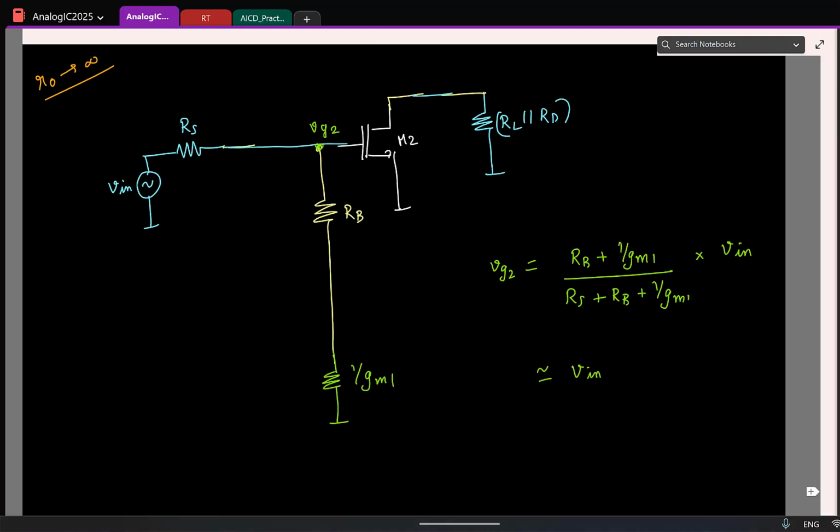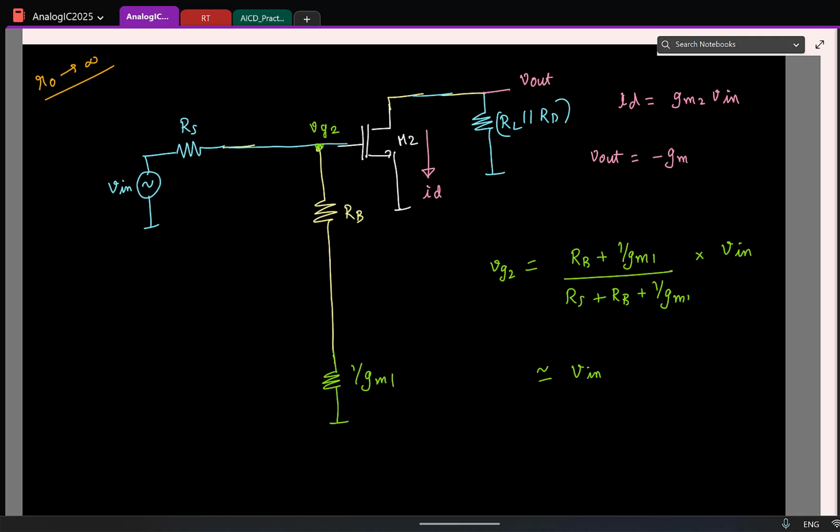Is it okay? So then we can finish. What is the small signal current now? ID is GM2 times, yeah, Vin, since VG2 is Vin. So what is small signal Vout? Can you finish it completely?